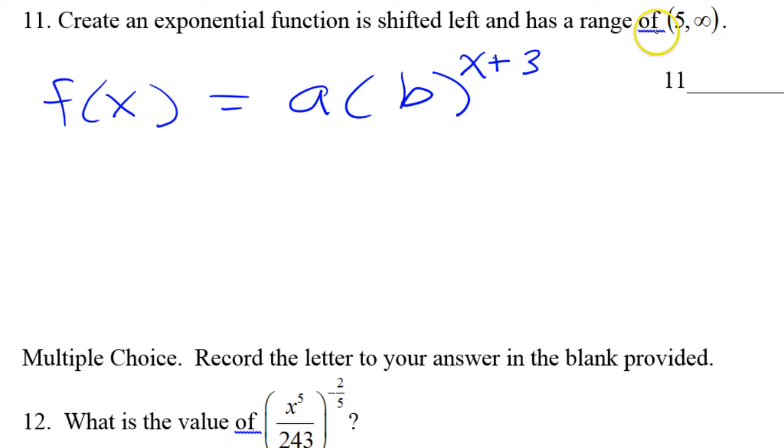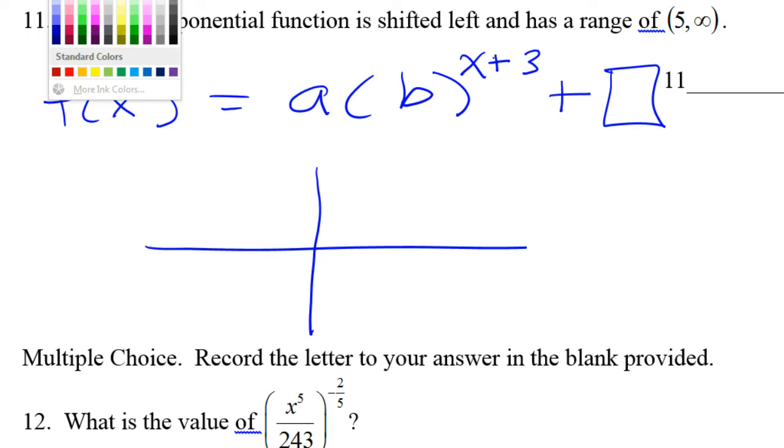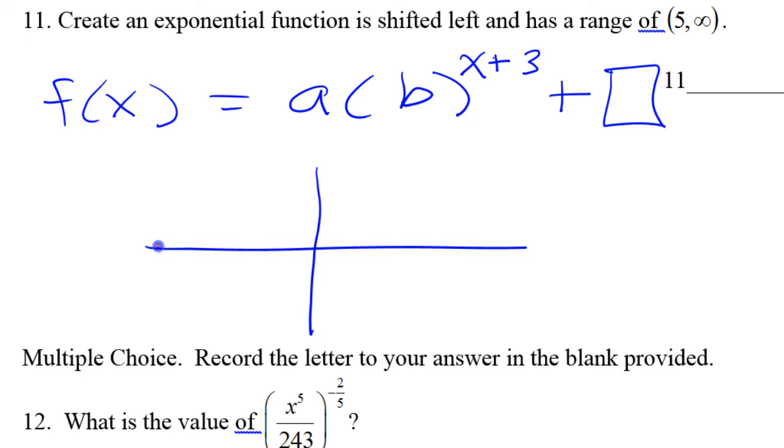Now, I want it to have a range of 5 to infinity. So, you know what? At first I said it didn't say anything about moving up or down, so I'm not going to put anything here. Well, I spoke too soon because the range is another way of saying that. Normally, what we have is, like if this is the x-axis and this is the y-axis, the original parent function has the x-axis as an asymptote.